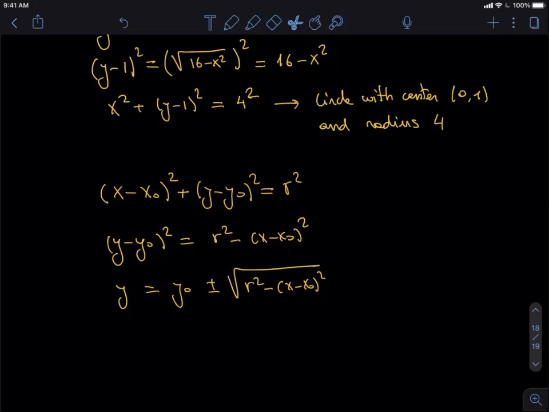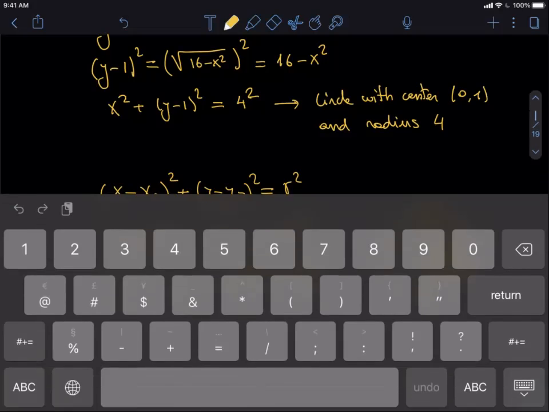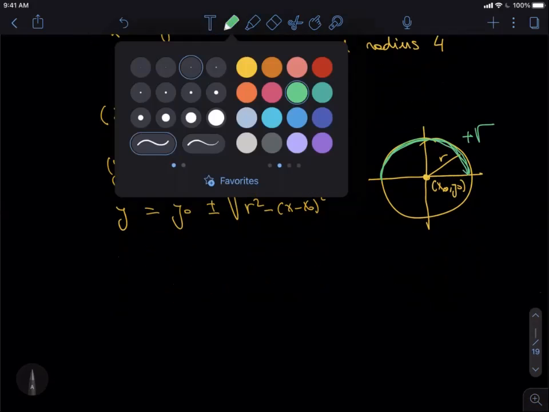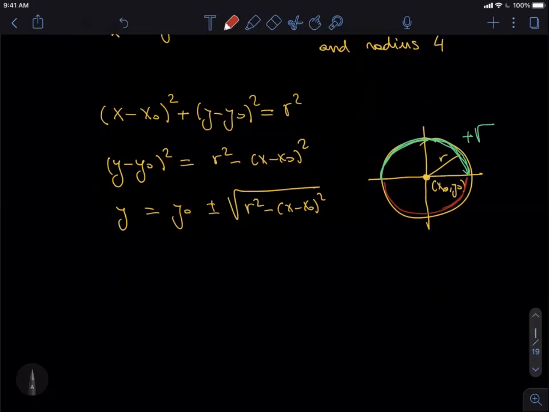We can write it like this. The two choices, plus or minus, give you the two half circles. So if this is (x0, y0) and this is r, we have the plus square root, and we have the minus square root. That's something to keep in mind for the future.